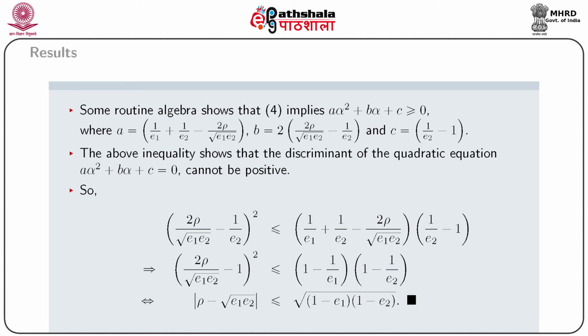After some routine algebra, we get a alpha square plus b alpha plus c greater than or equal to 0.